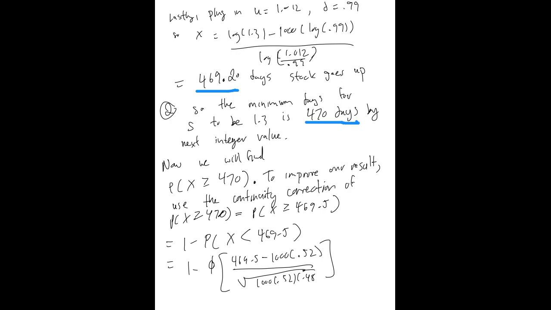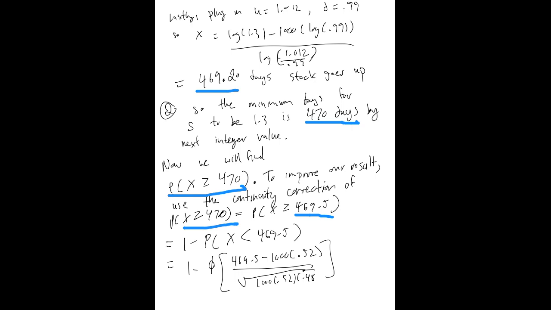Now we need to find the probability X is greater than or equal to 470. And to improve our results, we use the continuity correction, where if X is greater than or equal to 470, we subtract 0.5. Eventually we get 1 minus P(X less than 469.5).